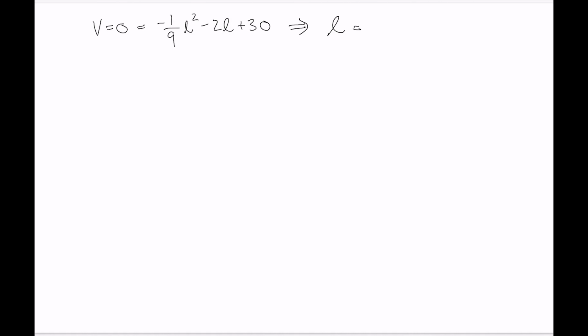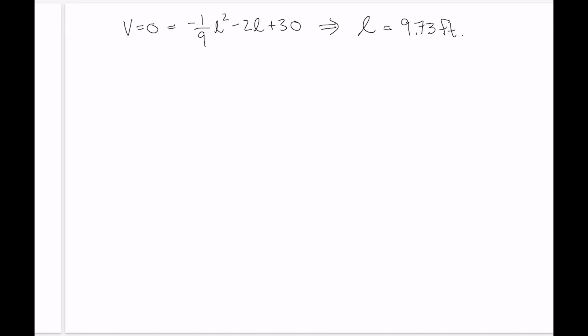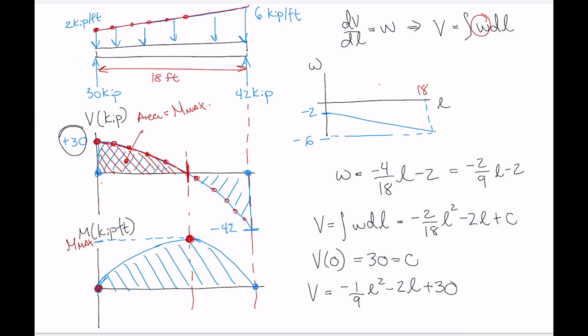So you want to take the root that makes physical sense to the problem. So that comes out to be 9.73 feet. Right, so now flipping back, we know that this position is 9.73 feet right there.